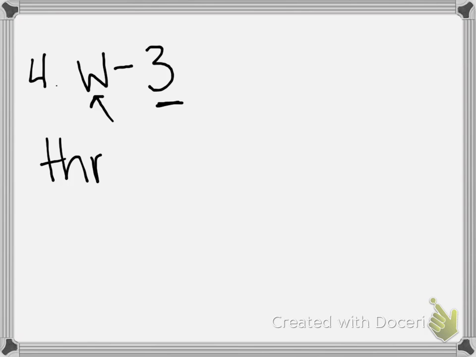So for number 4, I have the algebraic expression of w minus 3. Well, this is subtraction, and what I know is that it's 3 less than some other number, since I'm not sure what w equals. So my answer for that could be 3 less than a number.